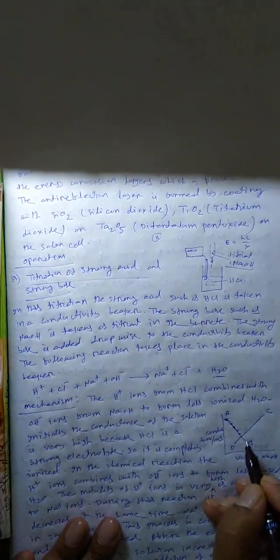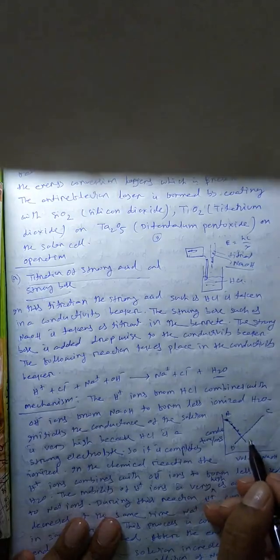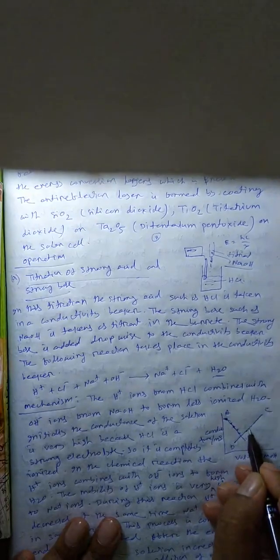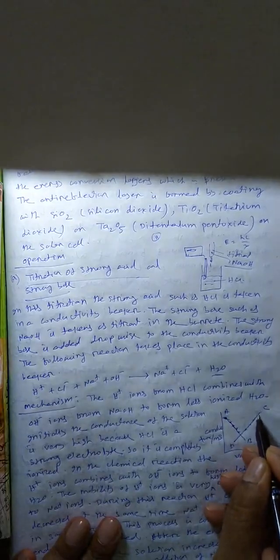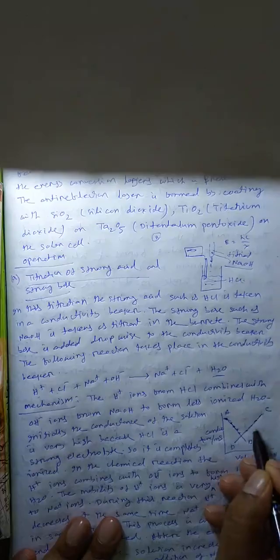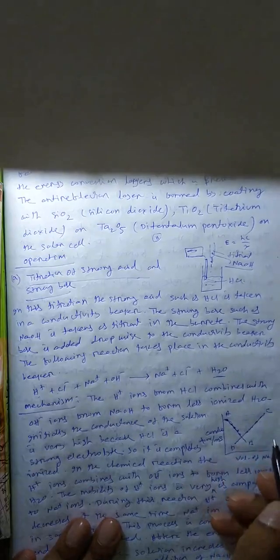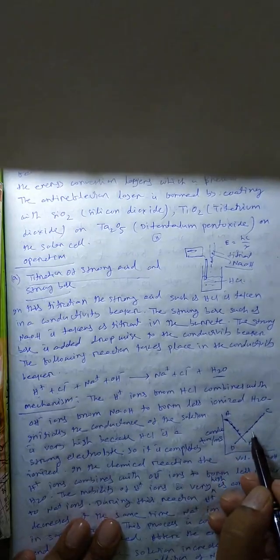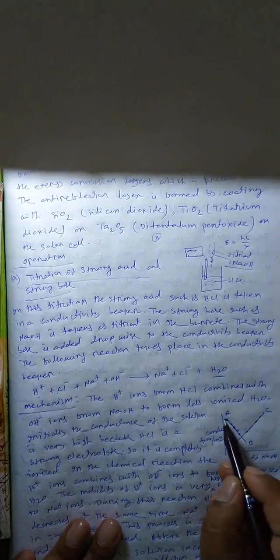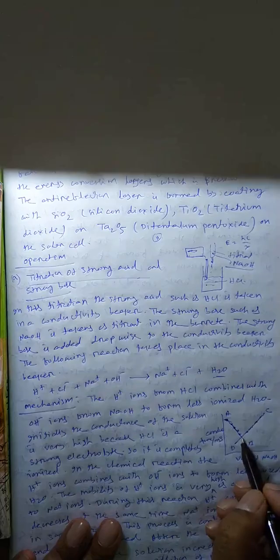After the end point, on further addition of sodium hydroxide, the conductance sharply increases because the mobility of OH minus is very high. So when we draw a straight line, the intersection point is reached.